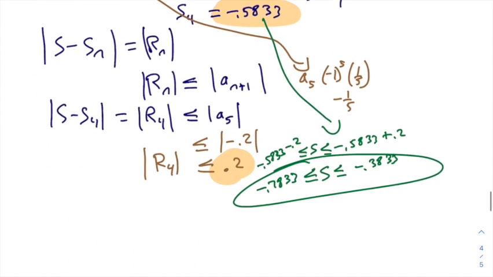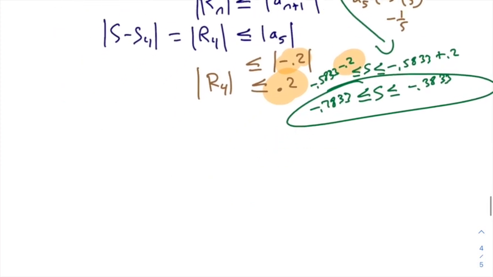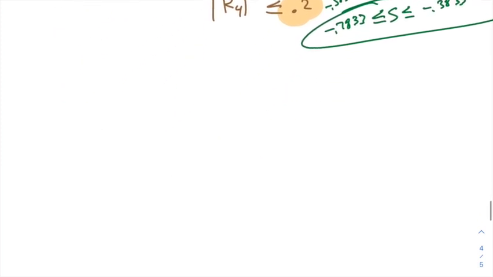So what else can we do with that? Well, honestly, being 0.2 away sounds close, but it's really pretty far. So the last thing that you might be doing is you might be given a series. So here's an alternating series, n equals 1 to infinity of negative 1 to the n plus 1 over n squared.